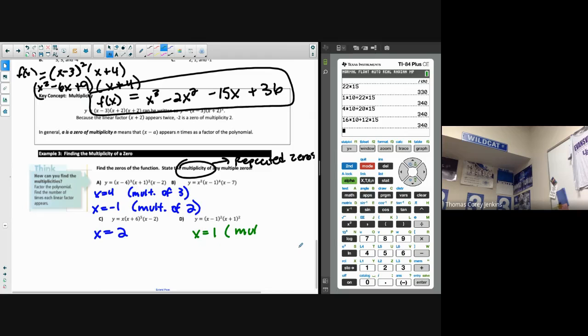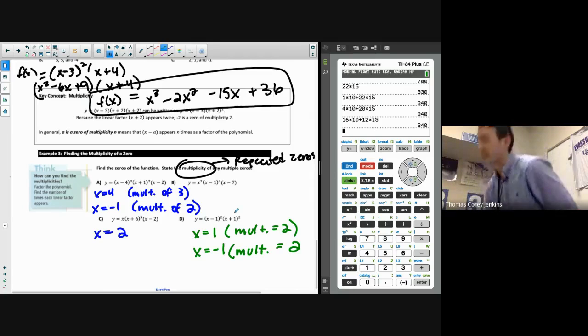Okay, so again, if I multiplied this and this, my lead term would be something x to the 4th. Just kind of getting into the idea that if we look at a polynomial function, we should be able to tell how many zeros it has by its degree. Okay, that's kind of a key idea of this chapter.